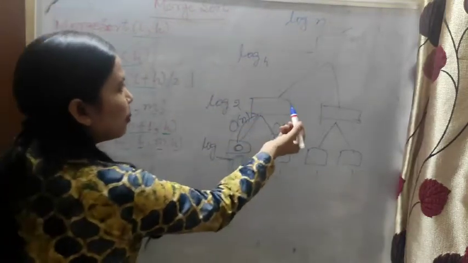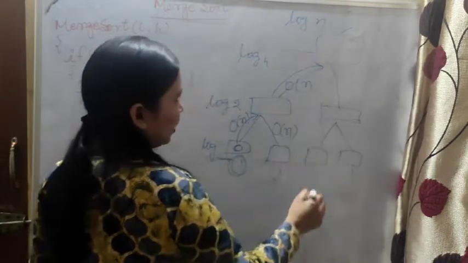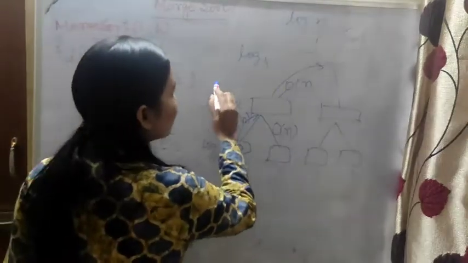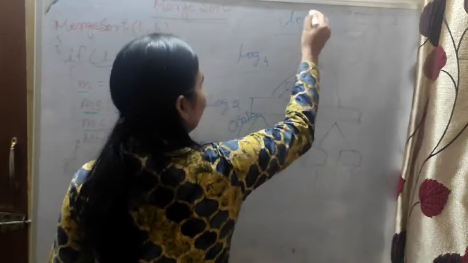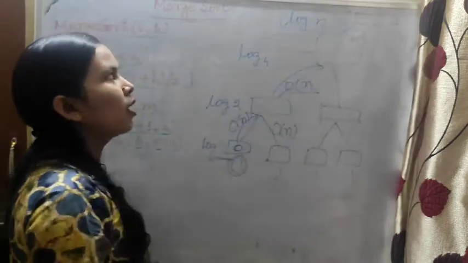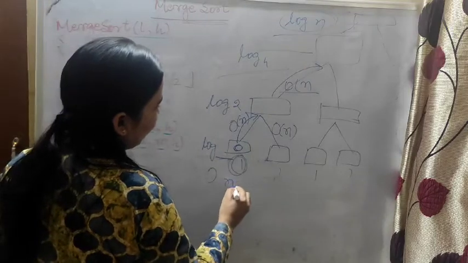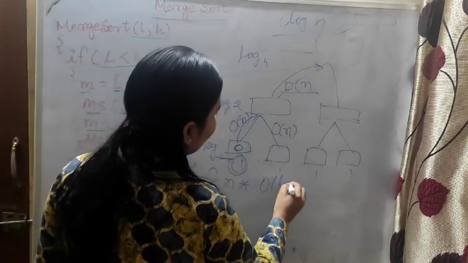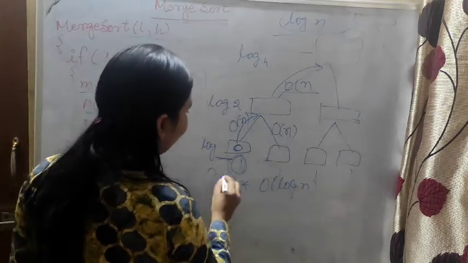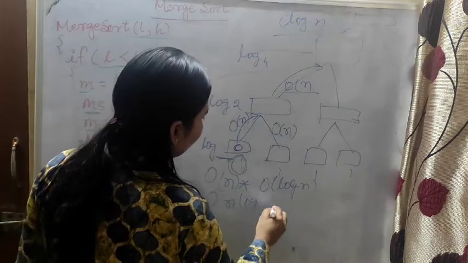So in every place where we are shifting the data, order of n time will be taken, and stepwise if you go through the n elements, then log n will be there. So order of n into log n, order of n into order of log n. If you multiply, then it will be order of n log n.